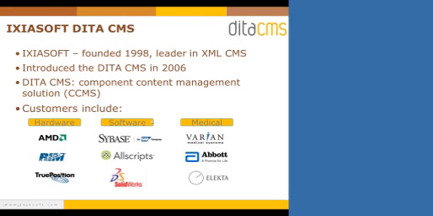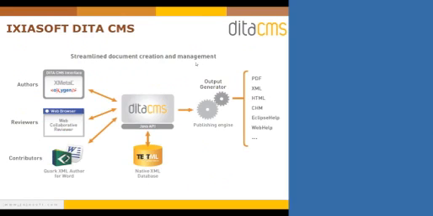So quickly, if I can switch slide. Okay. So just an overview to show you a bit where the CMS actually is placed within your production. So it's really the core of your production chain for creating content and managing the content that you're creating.